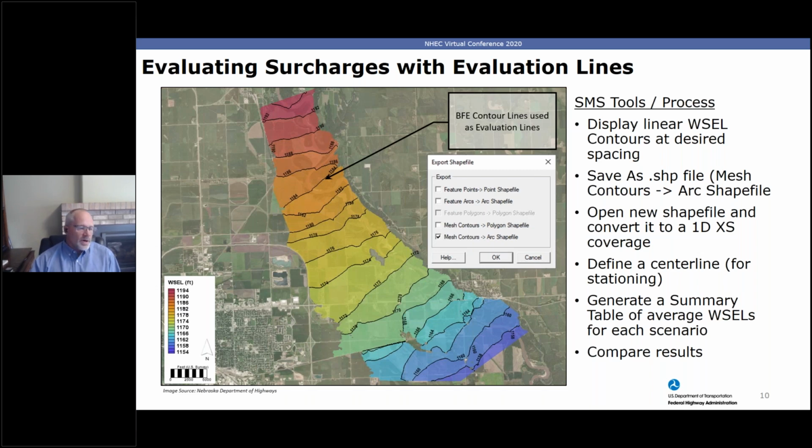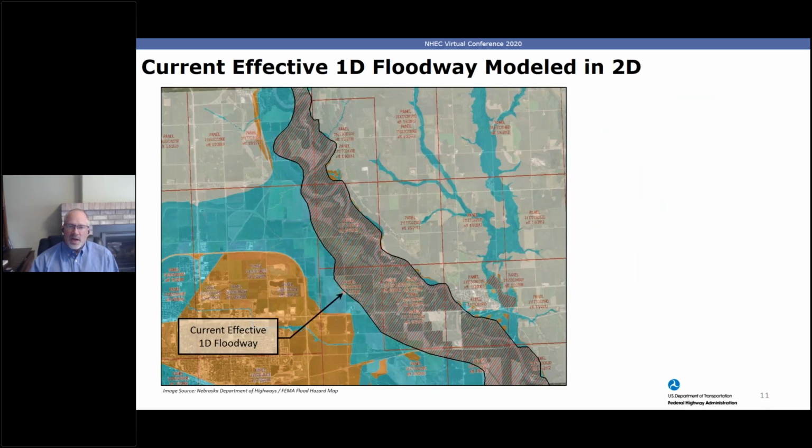Yeah, okay. Why don't I go ahead and let's look at the impacts of evaluating the current effective 1D floodway modeled in a 2D model. So that's what we've got here from the flood hazard map, just simply taking that current effective floodway boundary and incorporating it into the SMS software package.